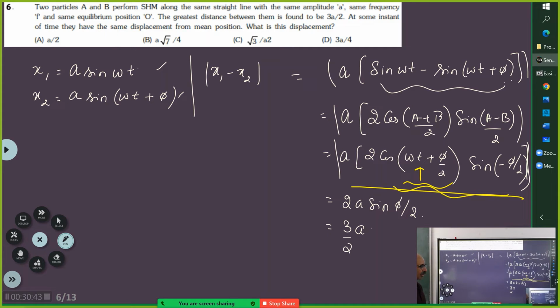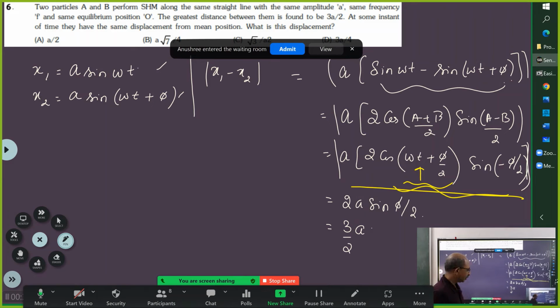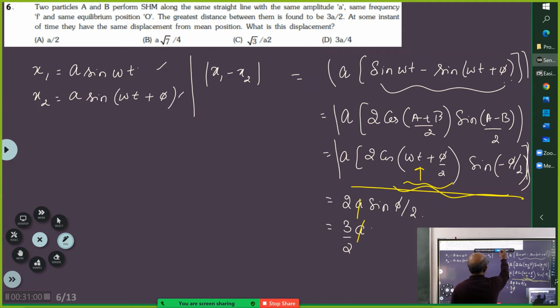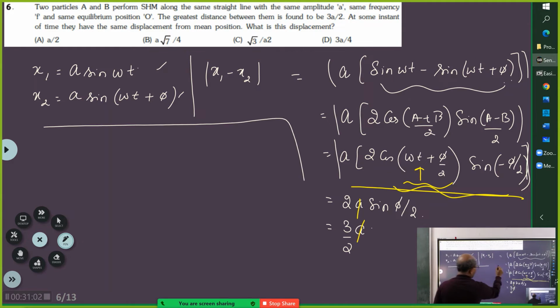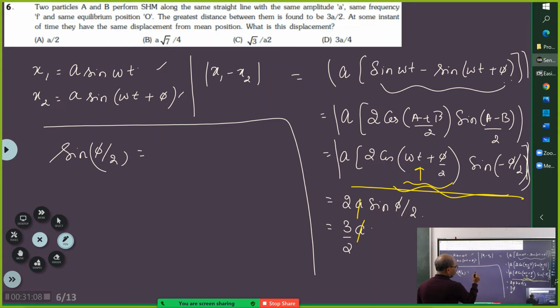Hello, everyone there? This is what I am trying to tell you. For such problems, write the math model and analyze it. So now, quickly you can analyze this, and what do you get from this? Sine phi by 2 equal to 3 by 2. So you get sine phi by 2 is equal to 3 by 4.